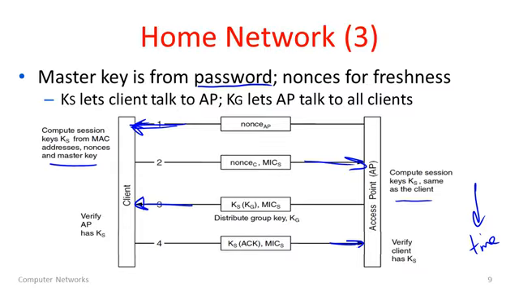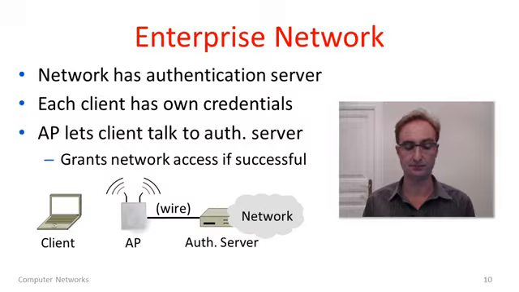The client then sends an acknowledgement, and if the AP can understand this acknowledgement and decrypt it into the right format, then it knows that the client also has the session key, so everything's good. And then after this, we have the data messages, which are sent across the network with encryption to protect them, and they can be decrypted by the other side. So that's how 802.11 is used in a home network setting.